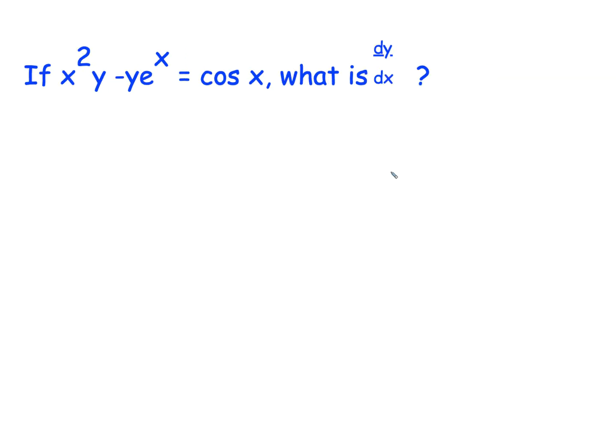Let's take a look at this one. What's dy/dx? Well, we'll do implicit differentiation. Notice we have two product rules here on the left, so we need to be careful with that.